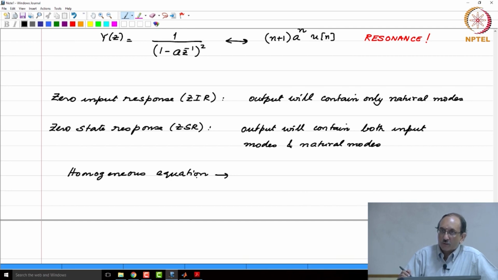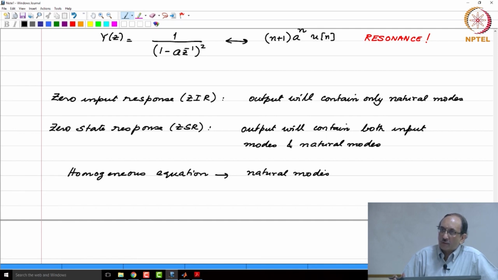And the homogeneous equation, what kind of modes do you expect? This will contain only the natural modes, because what you are going to do there is set all the input to 0 and solve the homogeneous equation.